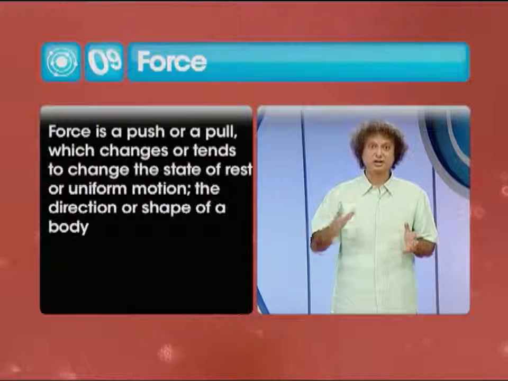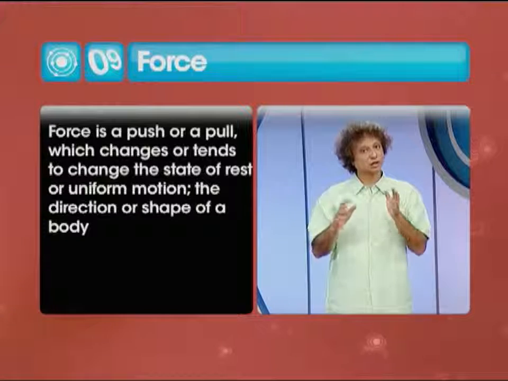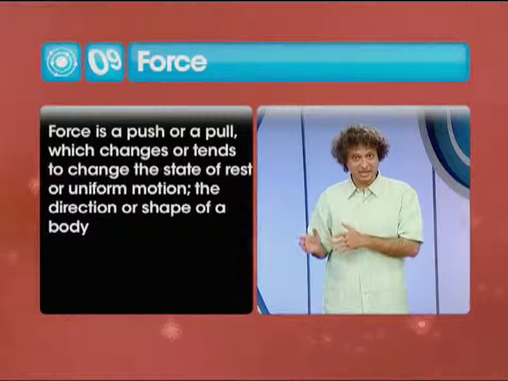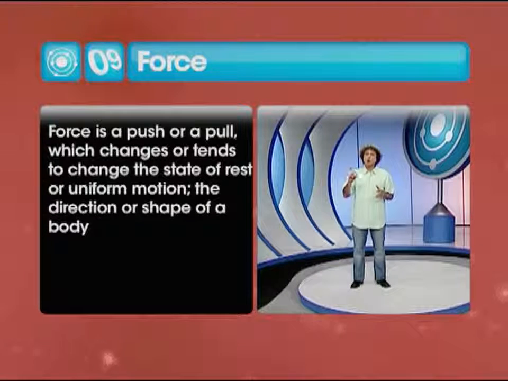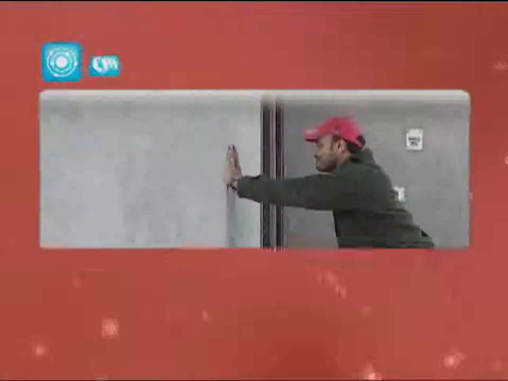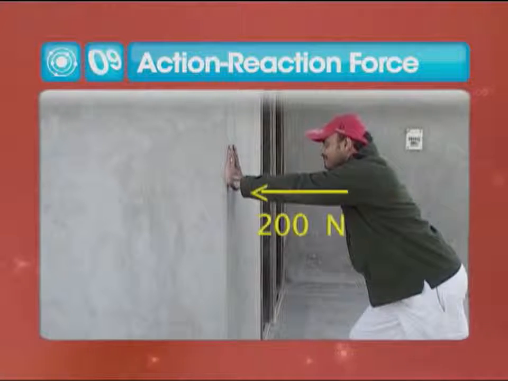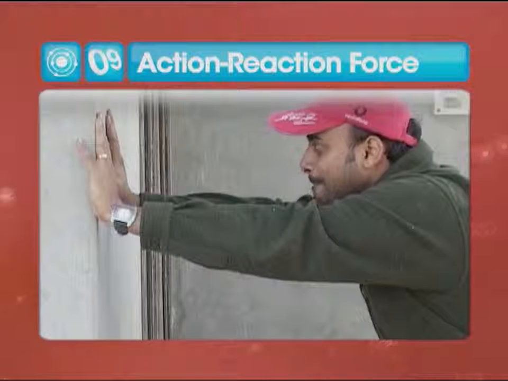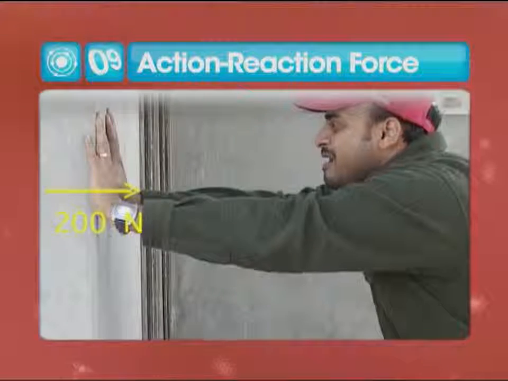We know that force is a push or pull which changes or tends to change the state of rest or uniform motion, the direction or shape of a body. Now, if you push horizontally against a wall with a force of 200 newtons, then the wall will push back horizontally against you with a force of 200 newtons.